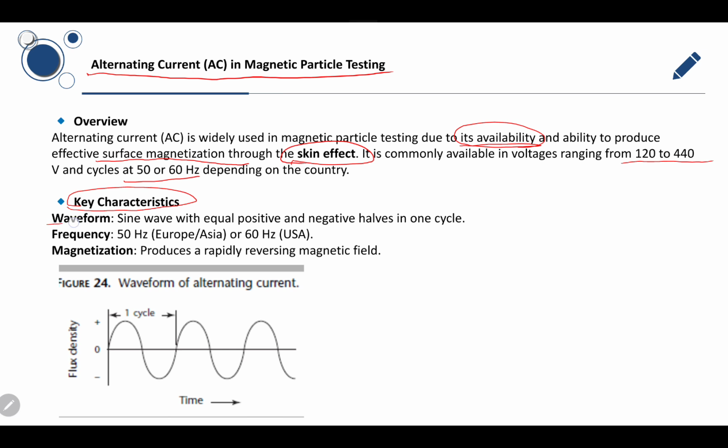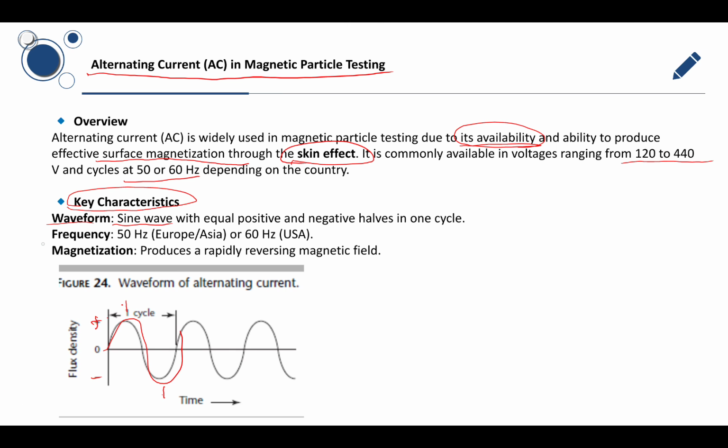First one is waveform. It's a sine wave, meaning it has equal positive and negative halves within one complete cycle. So this is positive, this is negative, this is one cycle.